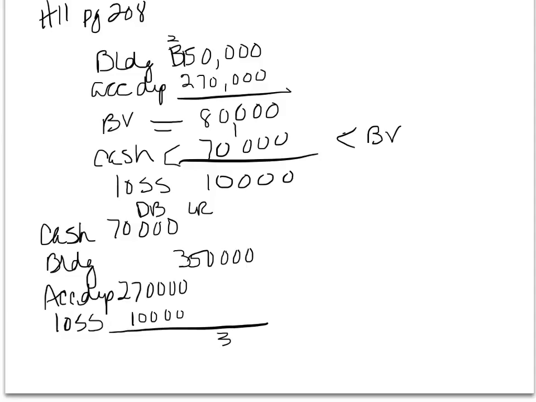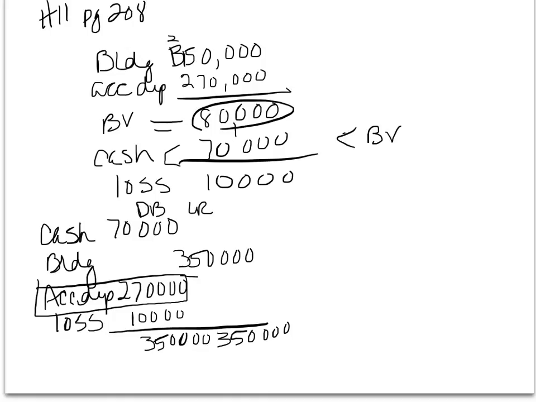When we do that, we equal $350,000 on this side and $350,000 on this side. So the part that's missing from A is the debit to accumulated depreciation for $270,000.